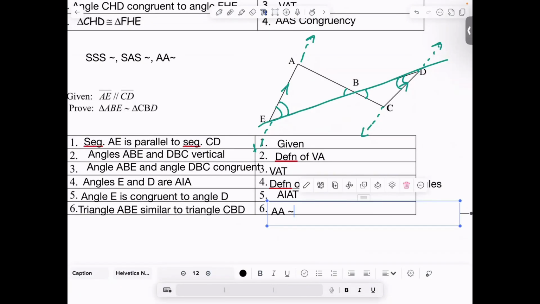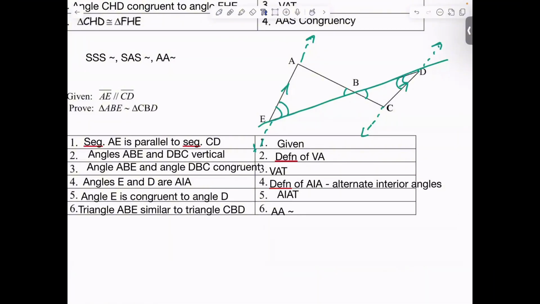So the gist of the AA similarity theorem is that we do know the third angle, so angle A and angle C right here, are congruent to each other as well. In this situation, they have to be because they're also alternate interior angles with that parallel line and transversal.